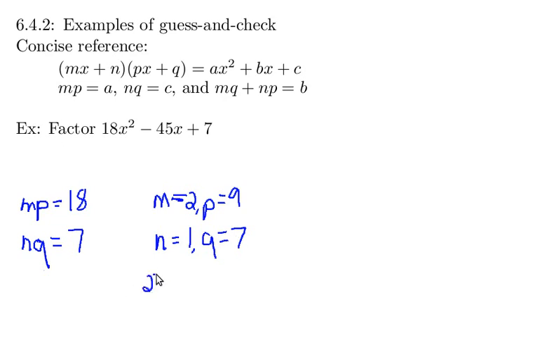So 2 times 7 plus, oh, wait. No? Okay. Never mind. Something's not right. Because this needs to be negative to make this part negative here. So n and q.